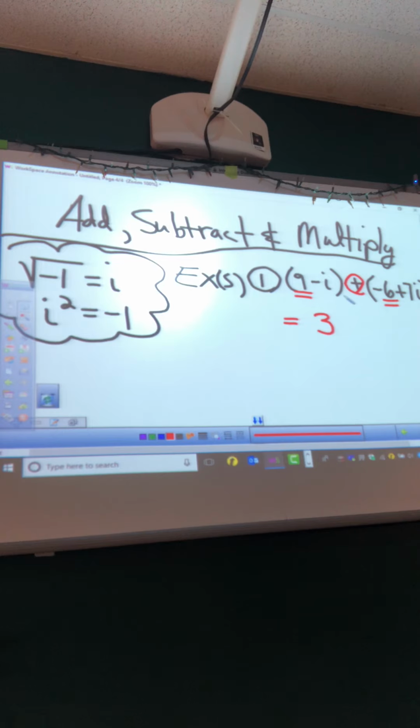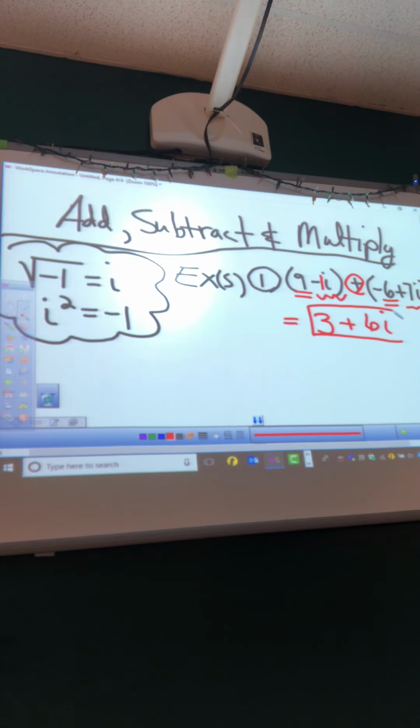Then I'm going to look at the imaginary. I'm going to say -1 plus 7. So how many i do I have? -1i plus 7i is 6i. And we do want to keep the i because we're actually getting a complex answer to that addition problem. And that's your answer.